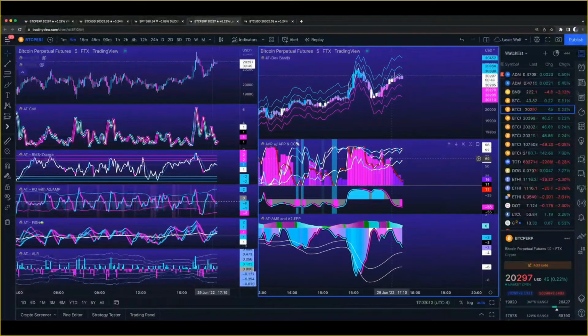And when you have contracting volatility, negatively correlated, price action walks up. Usually you'll get a crash in volatility. It'll go to zero. And right when that volatility starts to expand, this will flip positively correlated.